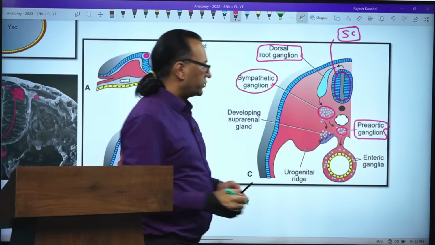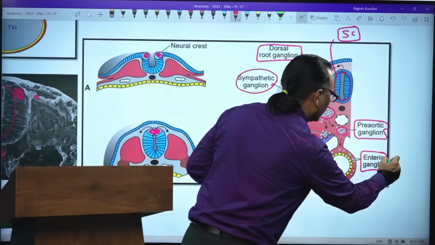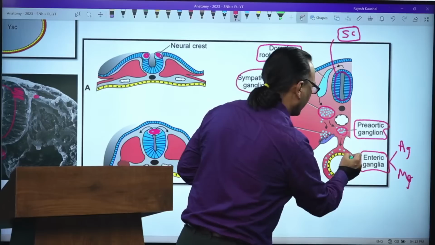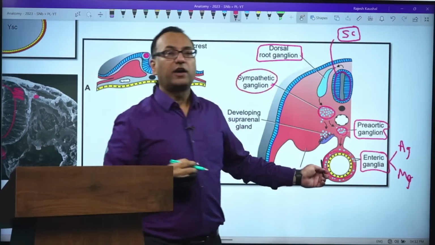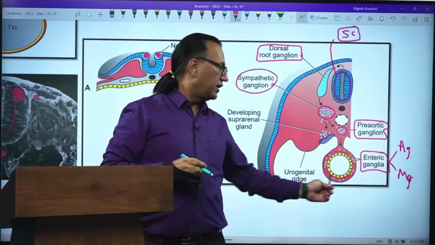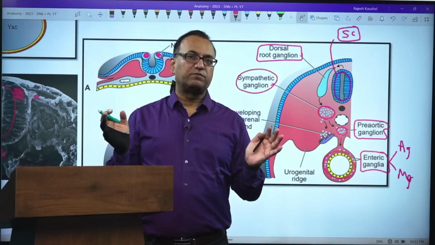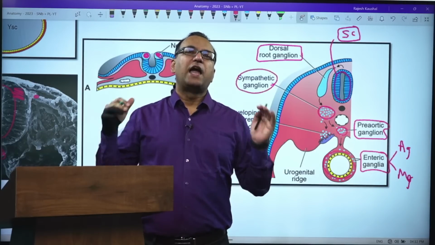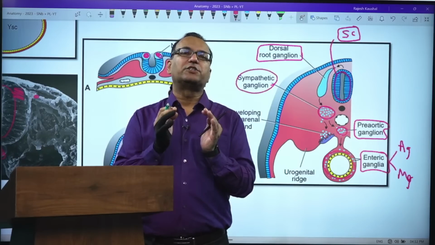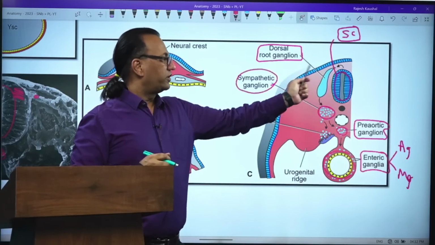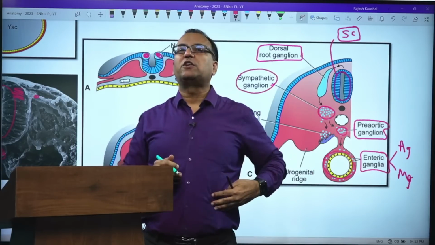Neural crest cell will also form the enteric ganglia like Auerbach's ganglia or Meissner ganglia. They are in the wall of the gut tube. So in the gut tube you have the submucosal plexus and myenteric plexus. Myenteric is Auerbach's plexus and submucosal is Meissner plexus. You know, sometimes there is a problem of migration of neural crest cells and they do not reach the distal colon.